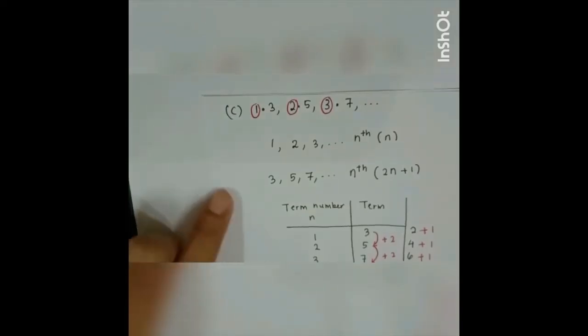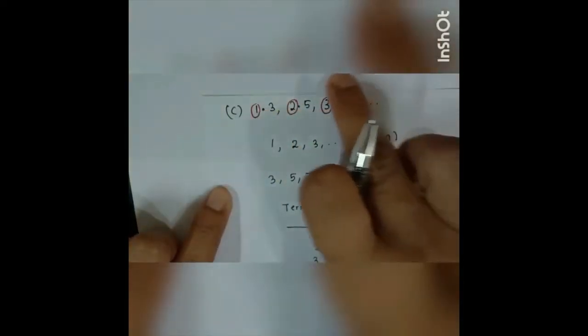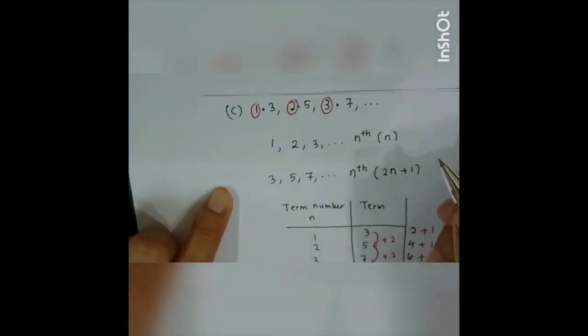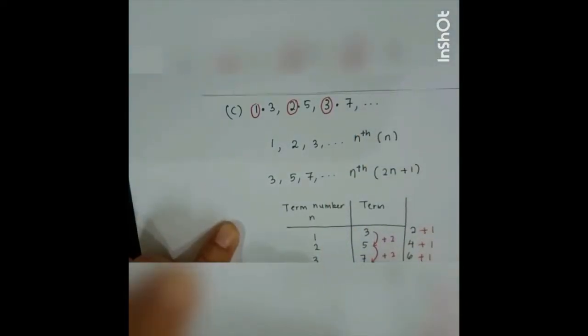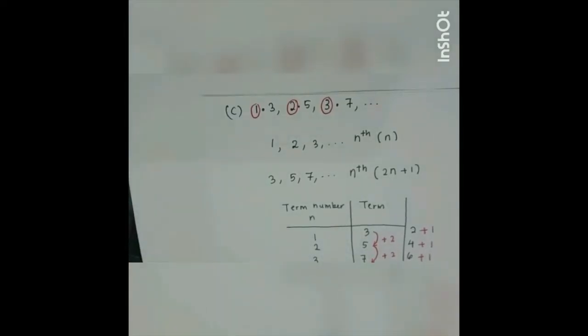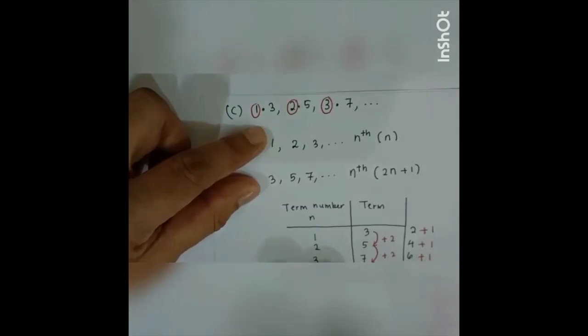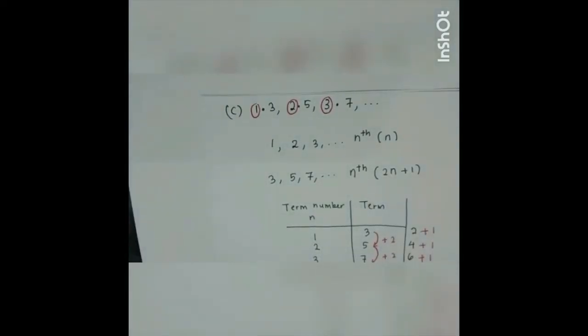So, the nth term for this sequence, Tn, is equal to, I combine these two parts, n times 2n plus 1.